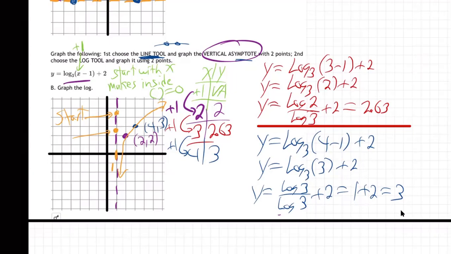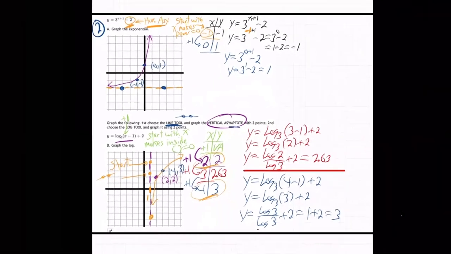Start with the line making tool, the line with the 2 dots. Click the 2 dots to make the vertical asymptote line, and then click the log tool and do 2, 2 and 4, 3, and it will make your graph.